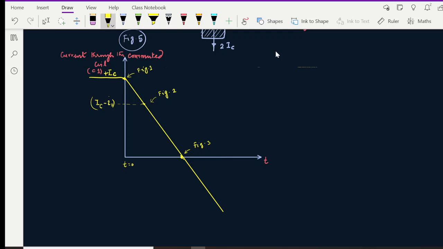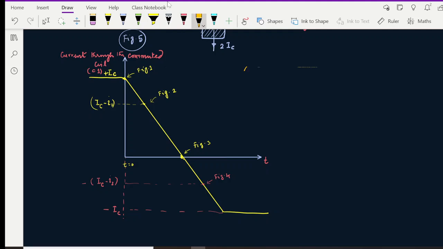Then it kept declining, and very interestingly, we have come across another current. Probably we can project to the negative axis also. We had a current I2, IC minus I2, but don't forget it is a negative value. That was figure number 4. In figure number 5, we have reached a value which is minus IC. So you look at this figure, the one particular coil.